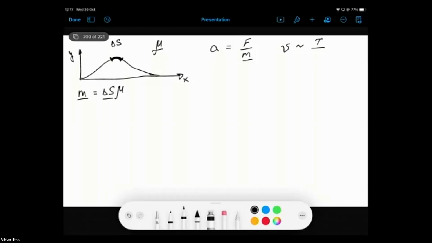So that's why we can claim that it should be proportional to the tension and inversely proportional to this linear density. That's some suggestion. I believe you agree with this suggestion, it kind of makes sense.